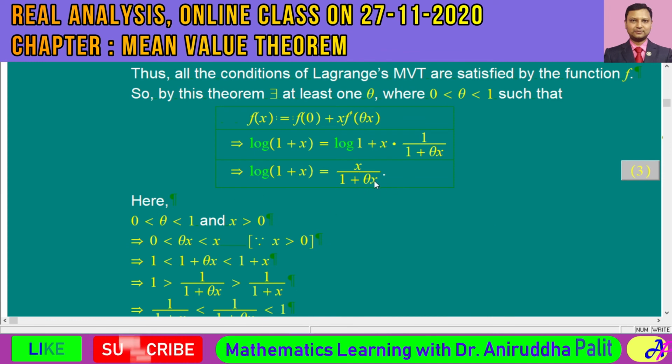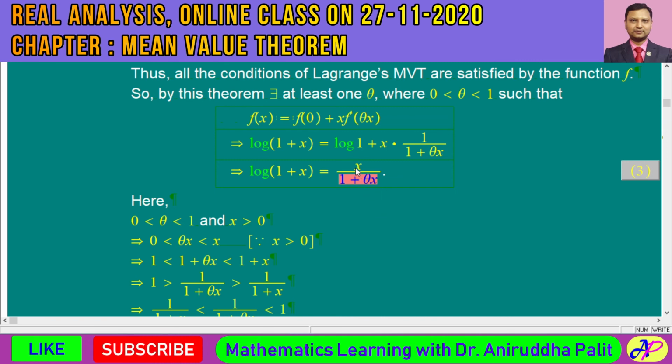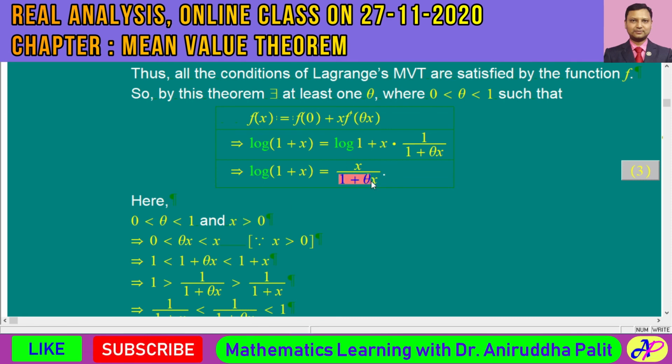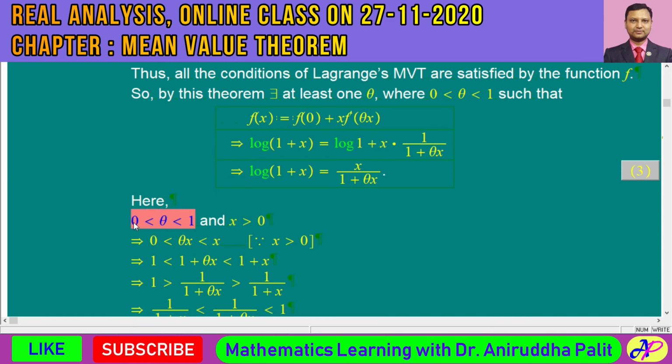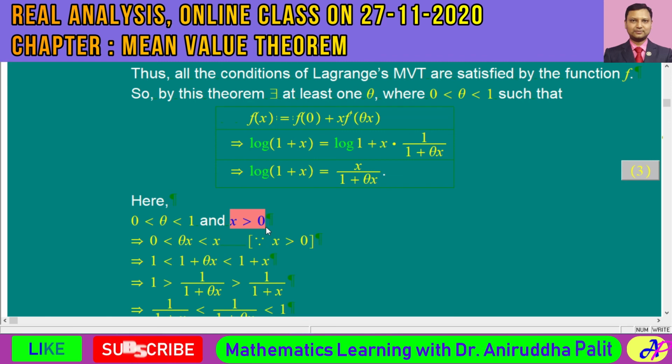Okay, so over here we first concentrate on this expression 1 plus theta x, because we already have the inequality involving x, but we don't know what 1 plus theta x is. So step by step I am moving forward. You see over here x is a positive quantity and this is a less than inequality. So we are multiplying this inequality by a positive quantity x.